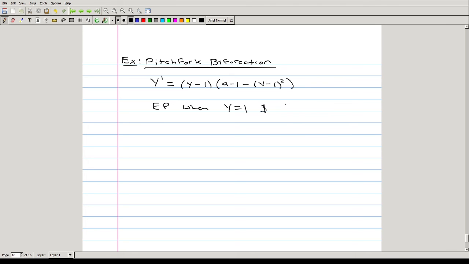And when lambda minus 1 minus (y minus 1) squared is equal to 0. I'll use lambda here to be consistent with my other notes.